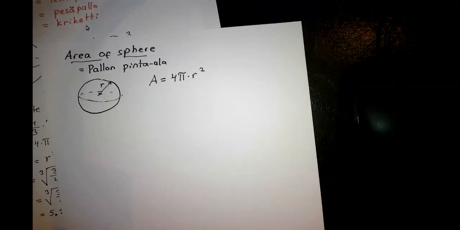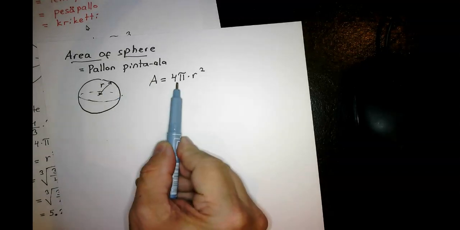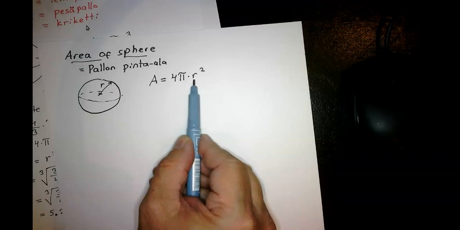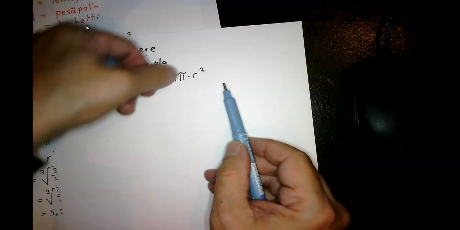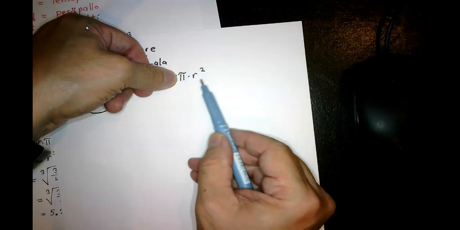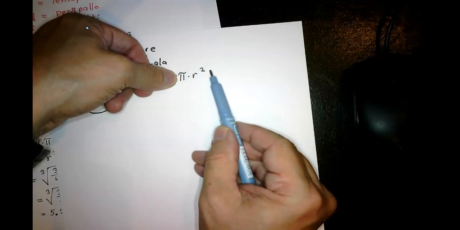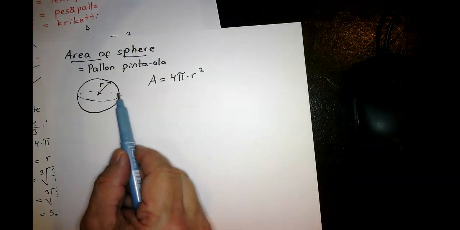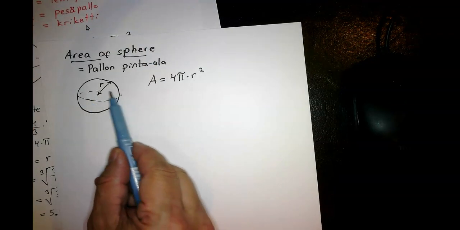So actually, what does this formula mean, 4 times pi r squared? Pi r squared is the formula for area of the circle. And where is that circle in this ball? It is that circle here which I draw there.